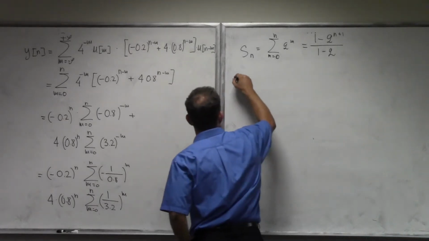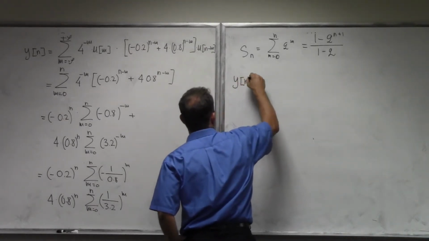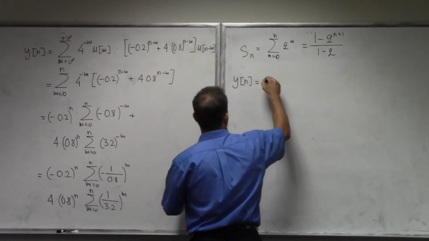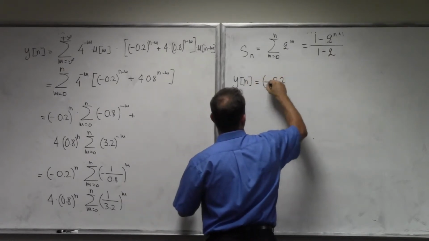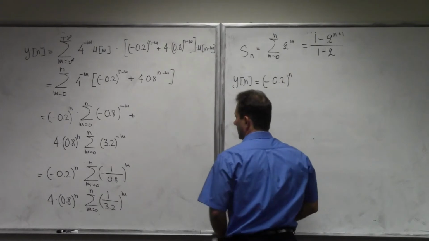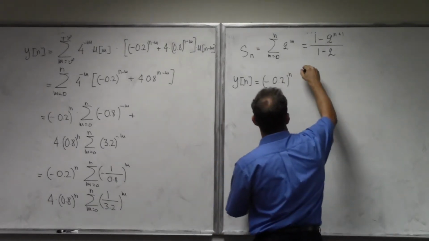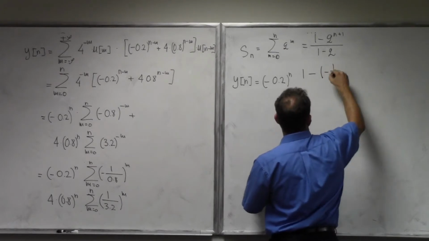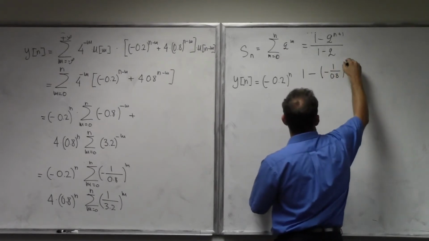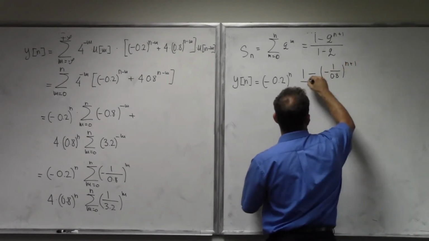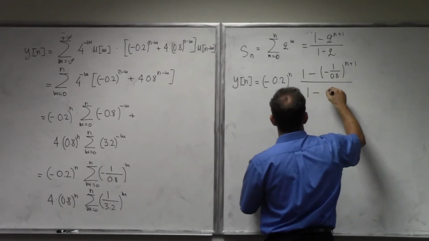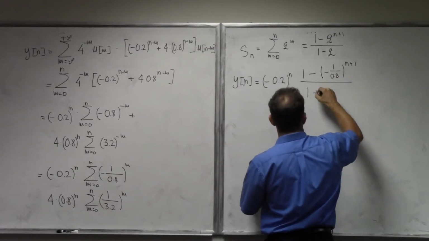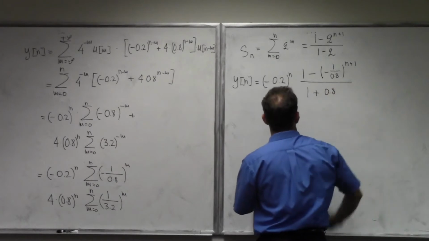So using this, we get that y of n is going to be equal to minus 0.2 to the power of n, and then I have 1 minus 1 over 0.8 to the power of n plus 1 divided by 1 minus, which is going to be 1 plus 0.8.